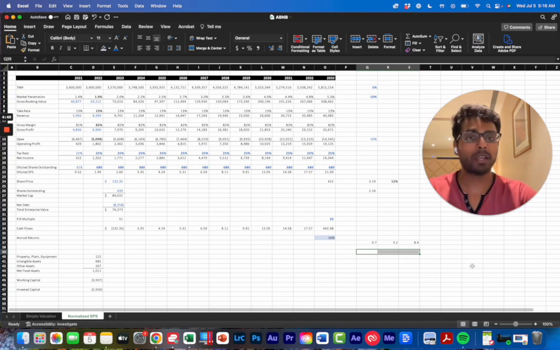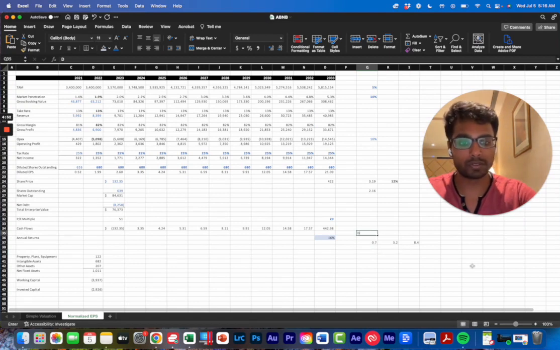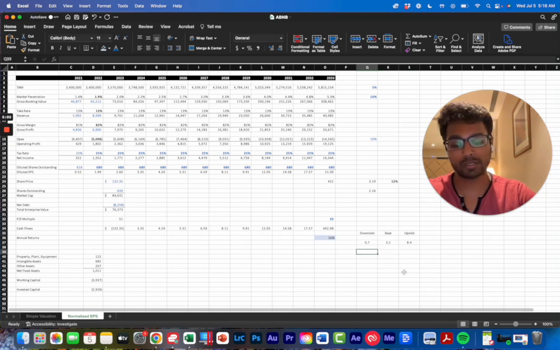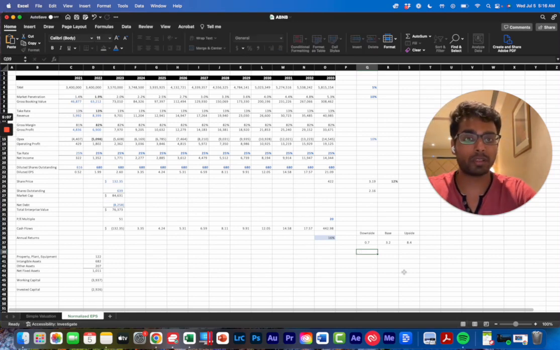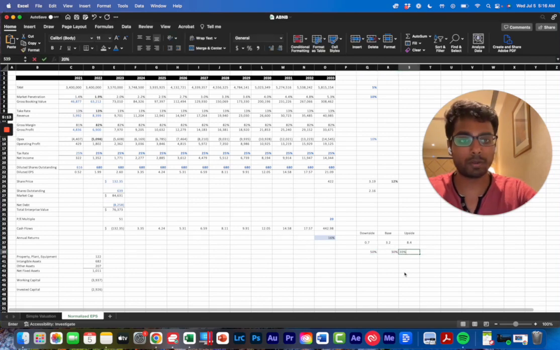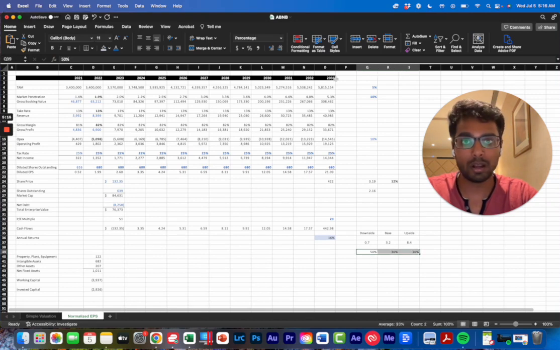If you do the work, this is your downside case, this is your base case, this is your upside case. Say you're more bearish on the stock. You think there's a 50% chance of this, a 30% chance of this, a 20% chance of this.